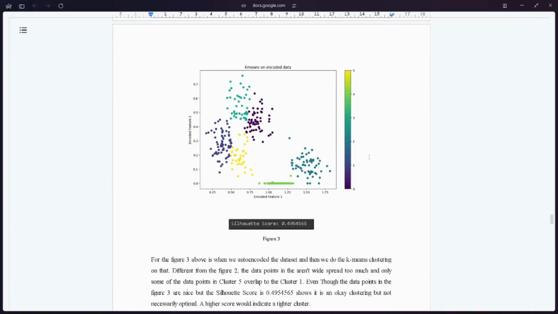And we can see that the data points also didn't overlap too much, just like the first one.